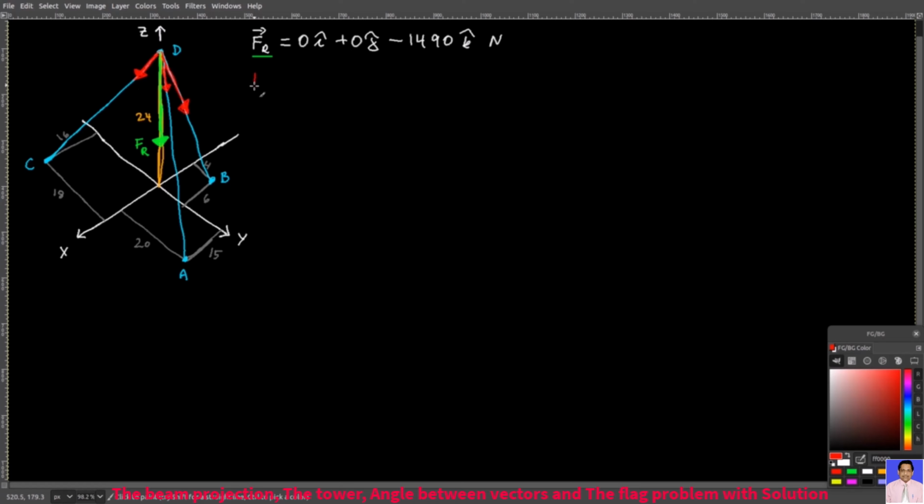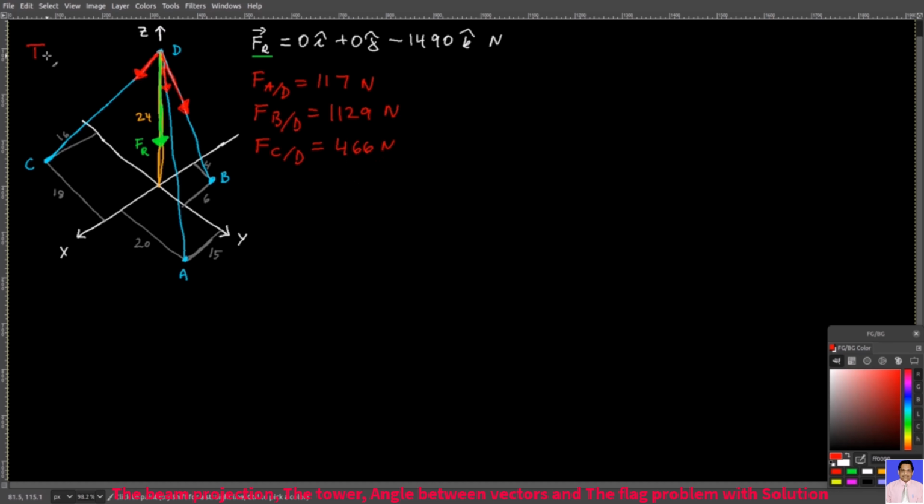And we found that FA with respect to D had to be 117 newtons, then FB with respect to D had to be 1129 newtons, and then FC with respect to D had to be 466 newtons.